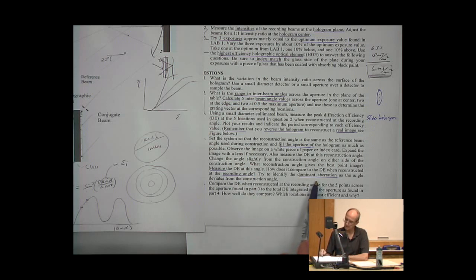At any rate, if you know your aberrations, you have spherical, coma, astigmatism, field curvature and distortion. If you tilt this, you'll find a dominant aberration, so you can see the aberration pretty nicely.